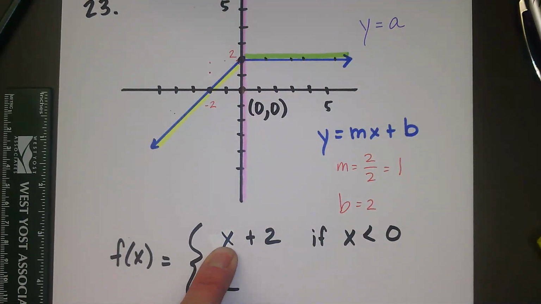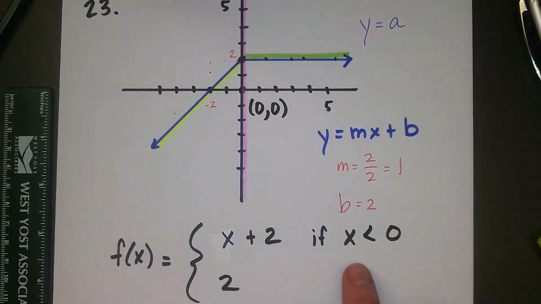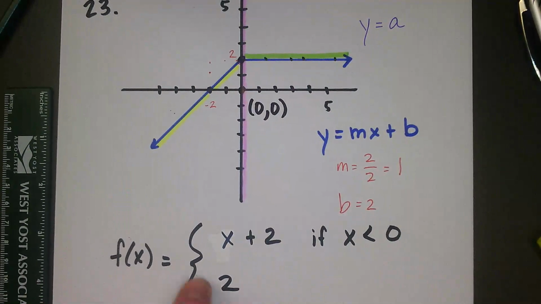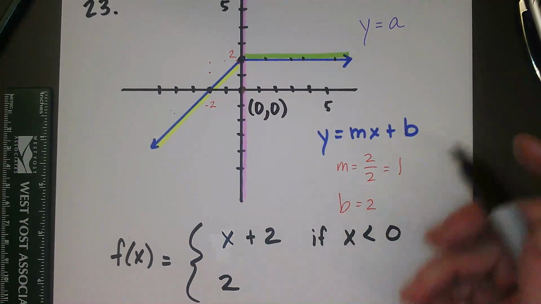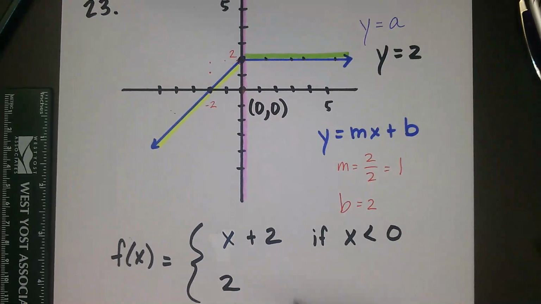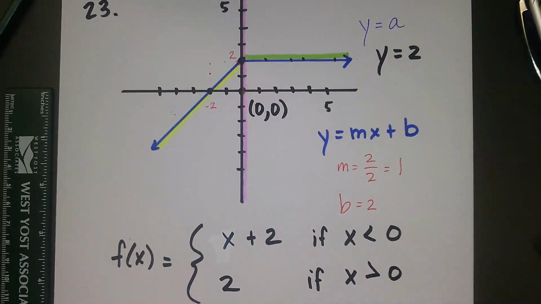That's the equation x plus 2. To the right is going to be my horizontal line y equals 2. So it just has f of x equals 2. That's essentially the equation y equals 2 in this piecewise format. And that's if x is greater than 0.